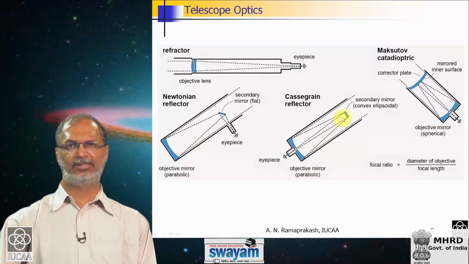They again converge, but instead of a fold mirror as is used here, there is another mirror put here, which converges the rays further and focuses them. This primary mirror has a hole in the middle. So, the rays focus at a position behind the primary mirror at the back of the telescope, and this kind of arrangement is called a Cassegrain reflector.